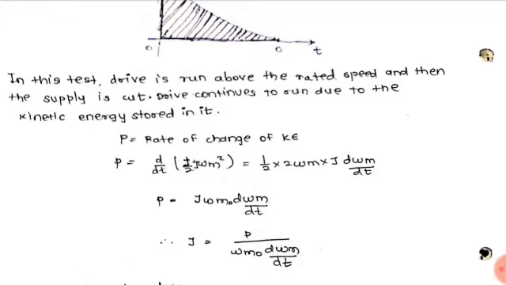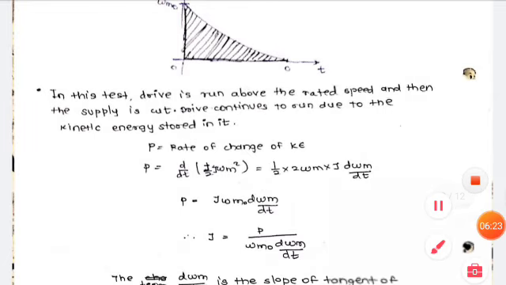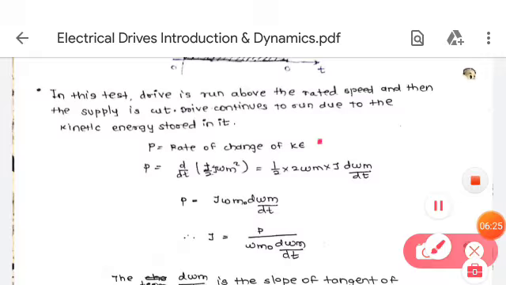So P is equal to rate of change of kinetic energy. So whatever was the P initially being supplied to the drive at the start of the test, all of that was there in the kinetic energy.